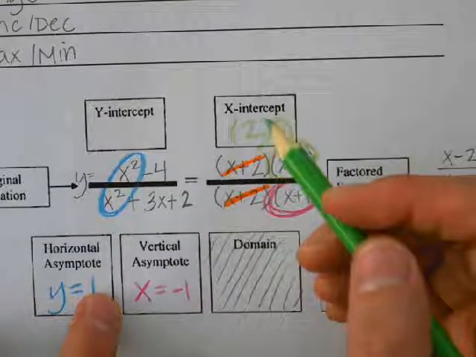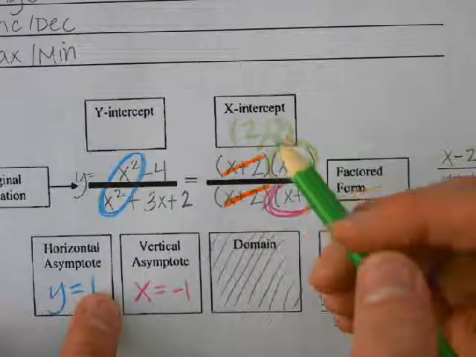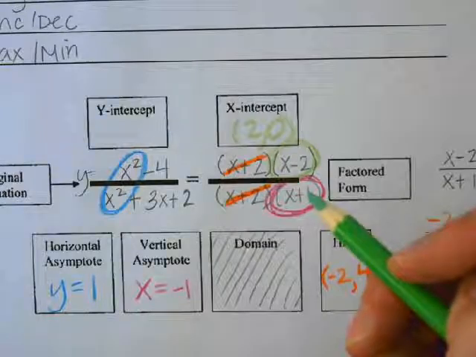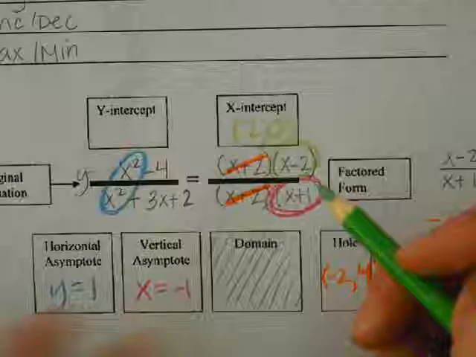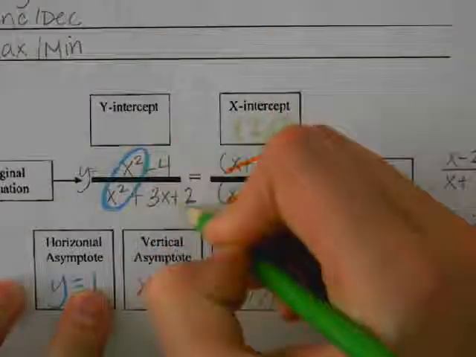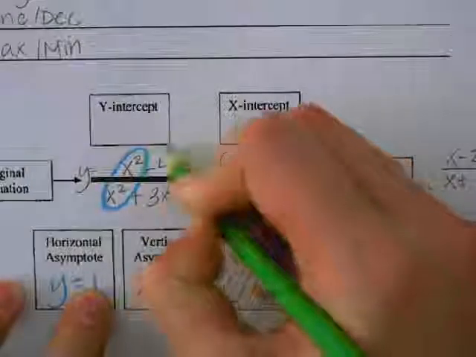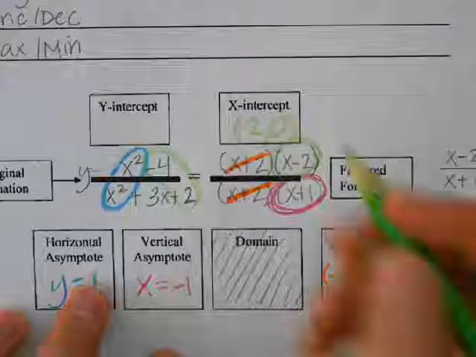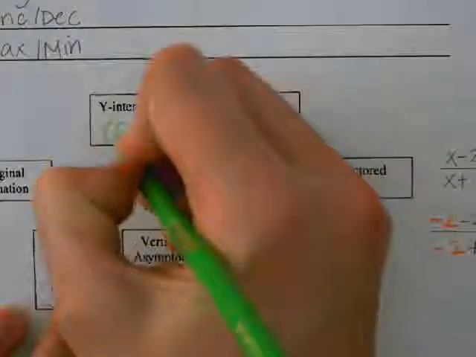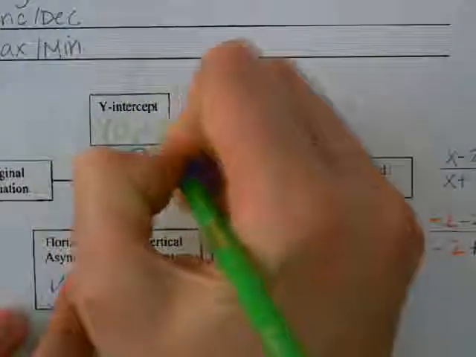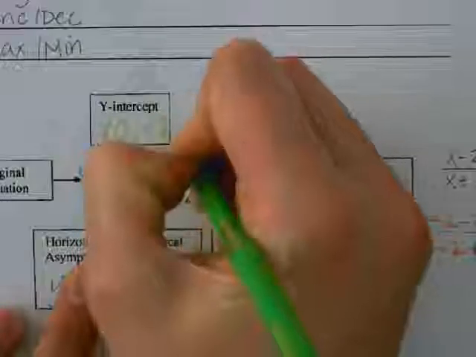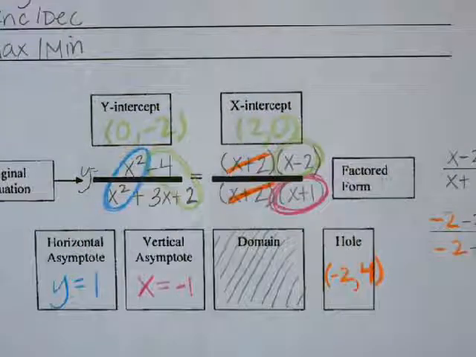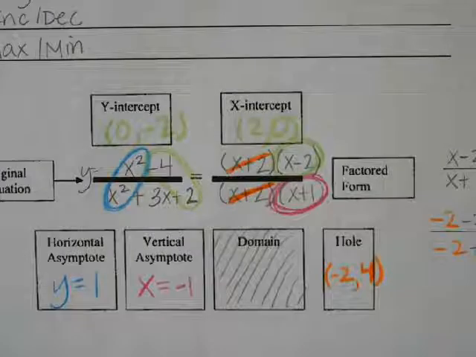So what are the numbers that don't have an x attached to them? Yeah, so negative 4 on the top and 2 on the bottom. And so what is the y-intercept? Negative 2. So 0 for x, negative 2 for y.